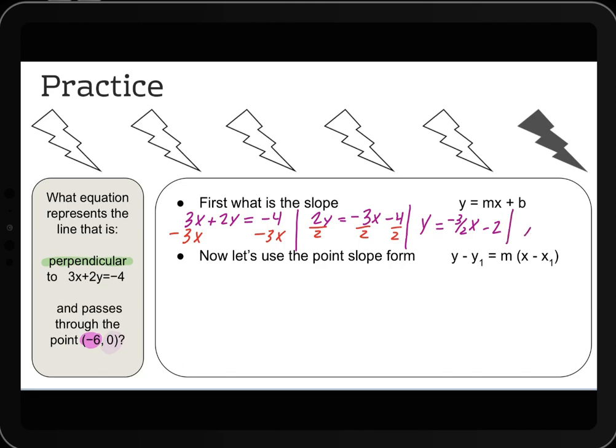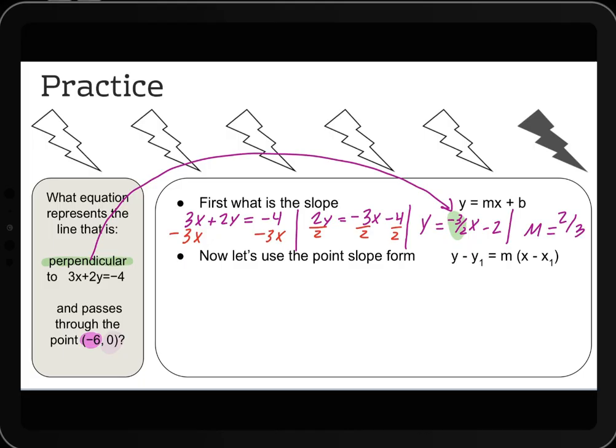So therefore the slope I need to use is not -3 over 2. As we can see, that is the slope, but remember we want it to be perpendicular. So drawing on that knowledge, that tells me that I need to use a slope of +2 over 3.